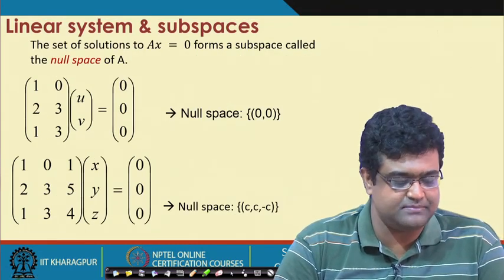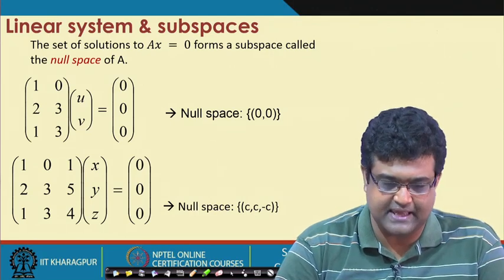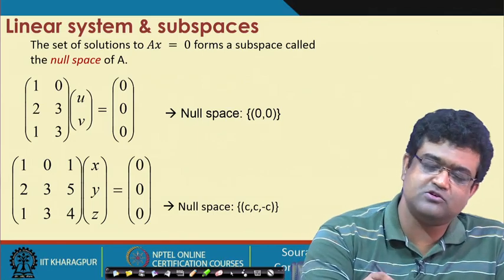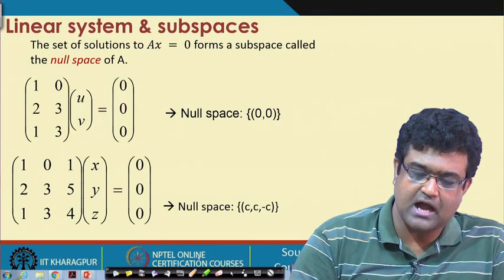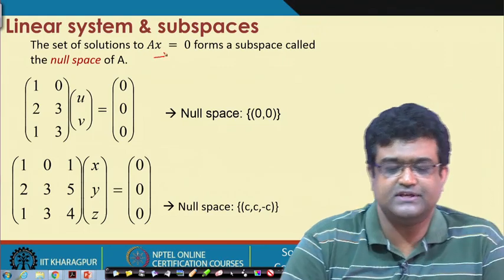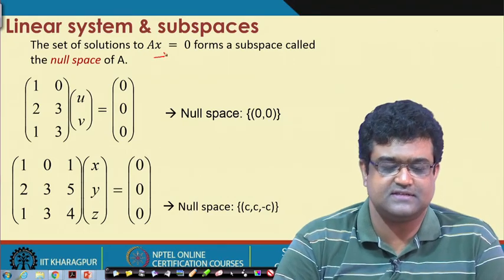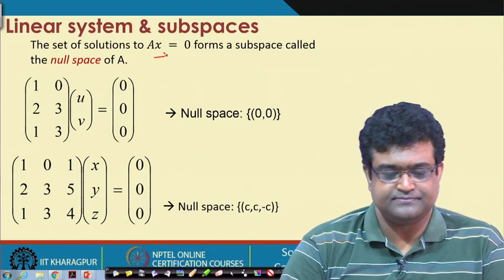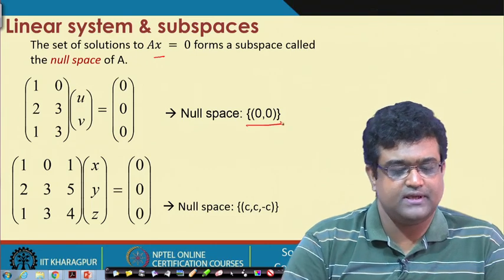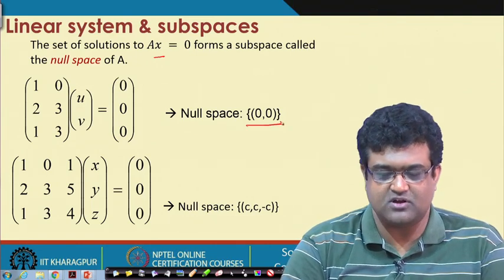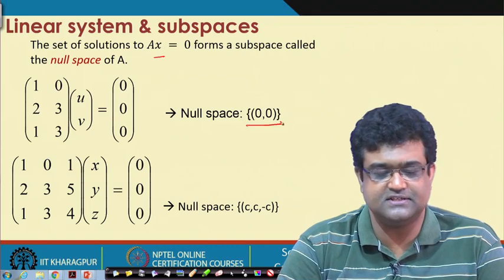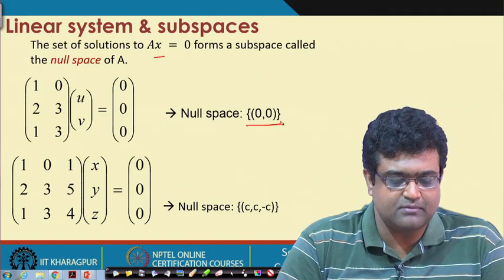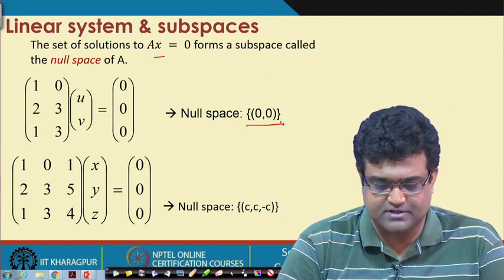Another important concept is the null space of a matrix A. The null space of a matrix A is all those vectors which are solutions of the equation Ax equals 0 vector. For example, 0 is always a part of the null space, or the origin is always a part of the null space, because any vector multiplied by 0 will give 0.